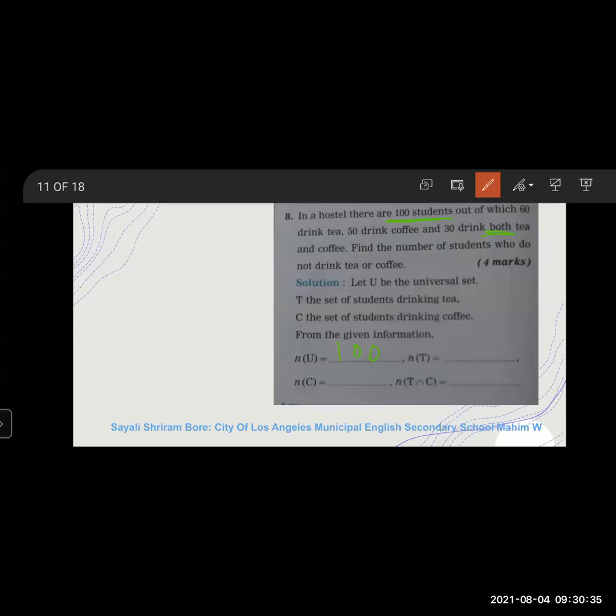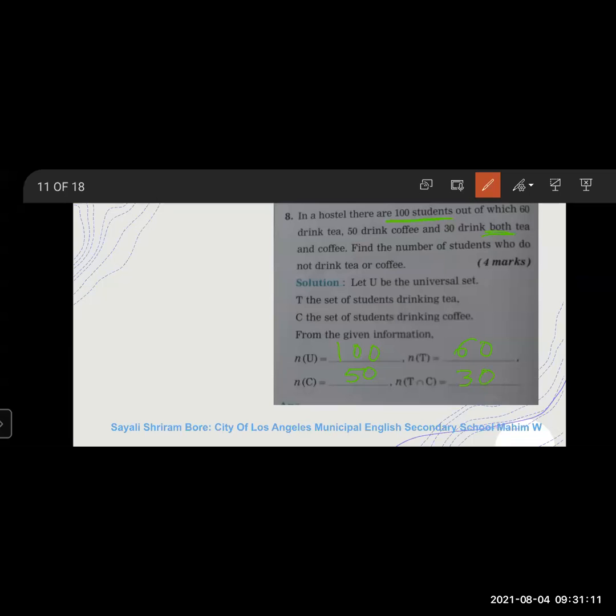Then n of T, the number of students drinking tea, is 60. C is the number of students drinking coffee, which is 50. And the students who are drinking tea and coffee both are 30. So from the question, you can fill out this information.